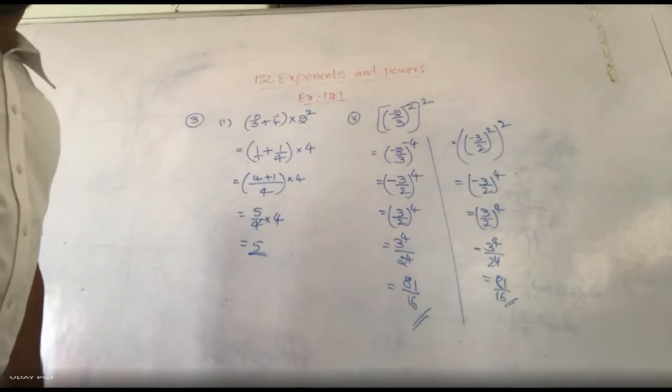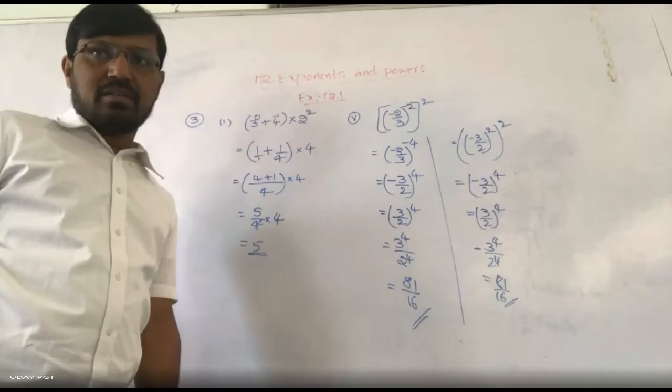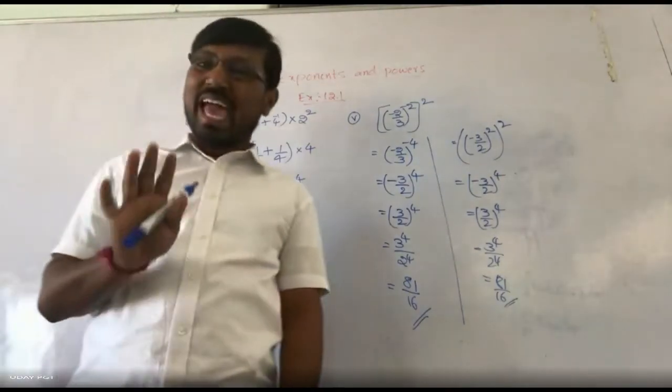Okay. Sir, one doubt, sir. Yes, any doubt? Yes, tell me. Sir, in the even number, 3 by 2 whole power 4, how can we cancel the minus, sir? We don't say cancel.